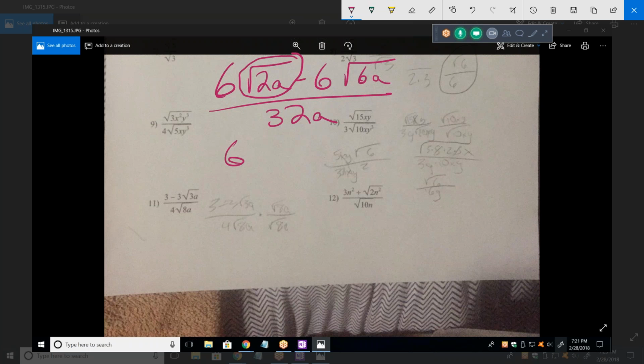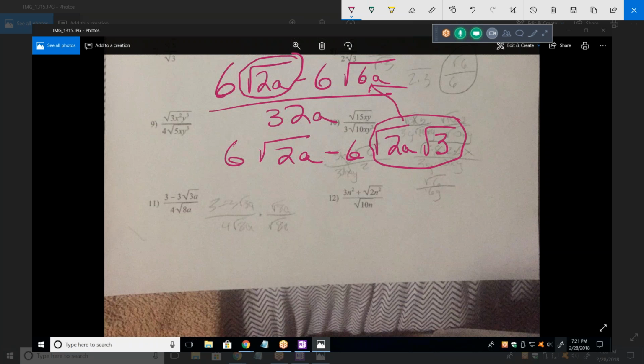I'm going to write it like this. And I pull the 2a out of there, and I still have a square root of 3. In other words, those have to multiply together to give you 6a.